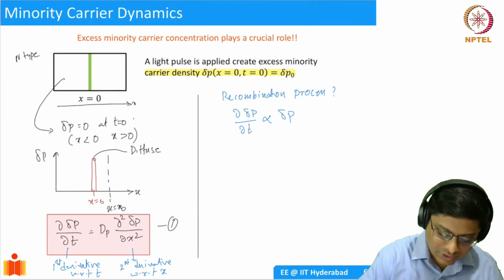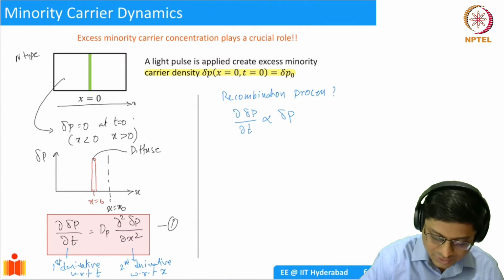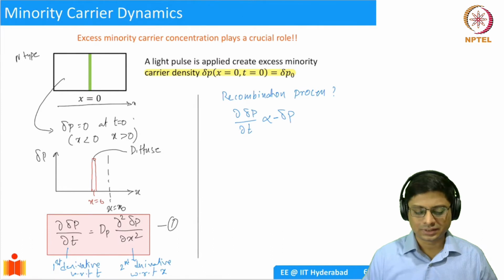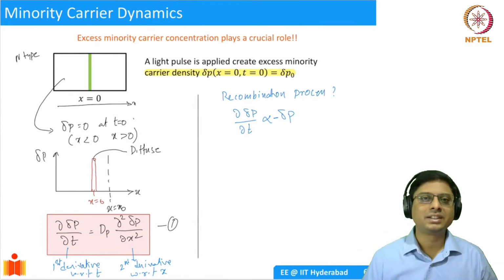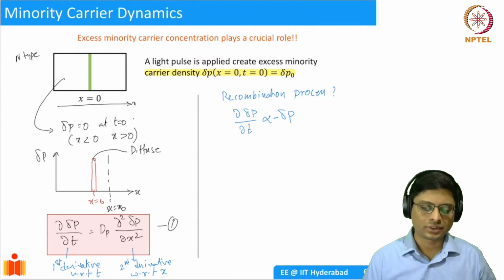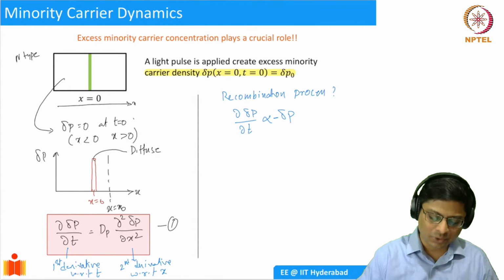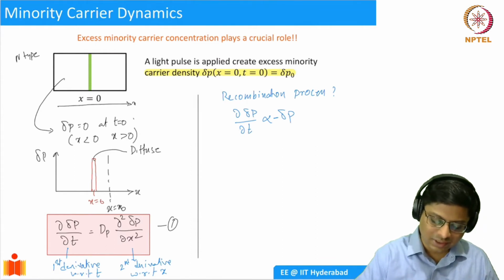So your proportionality constant in this equation should have a minus sign, to denote that you have a decrease in the rate at which the minority carriers are changing with respect to carrier concentration.